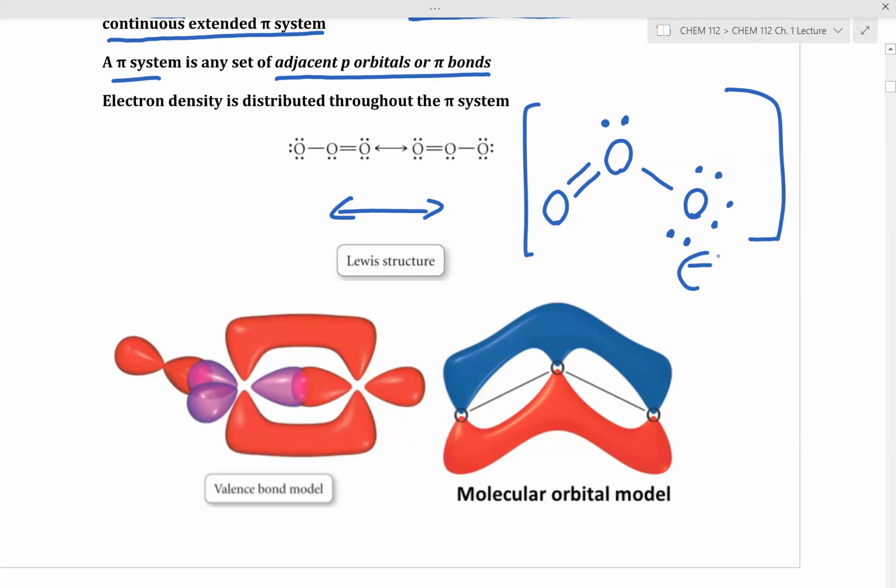In the first resonance structure, we have our negative charge on the right-hand oxygen. On our second resonance structure, we place our negative charge on the left-hand oxygen.